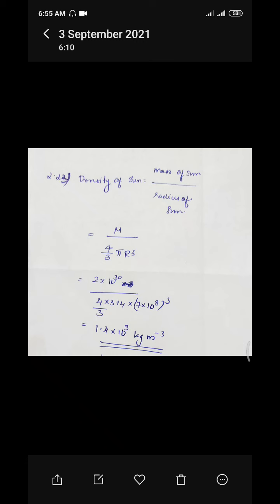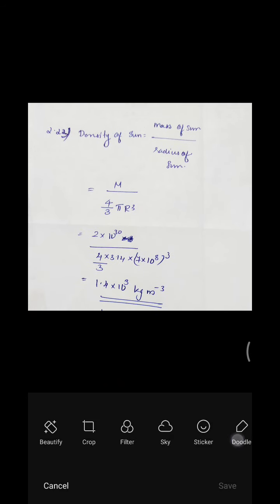So M is equal to 2.0 into 10 to the power 30 kilogram divided by 4 by 3 pi r cube. Pi is 3.14, and the r value is 7 into 10 raised to 8 meter. It is given r cube, so 7 into 10 raised to 8 meter cube.